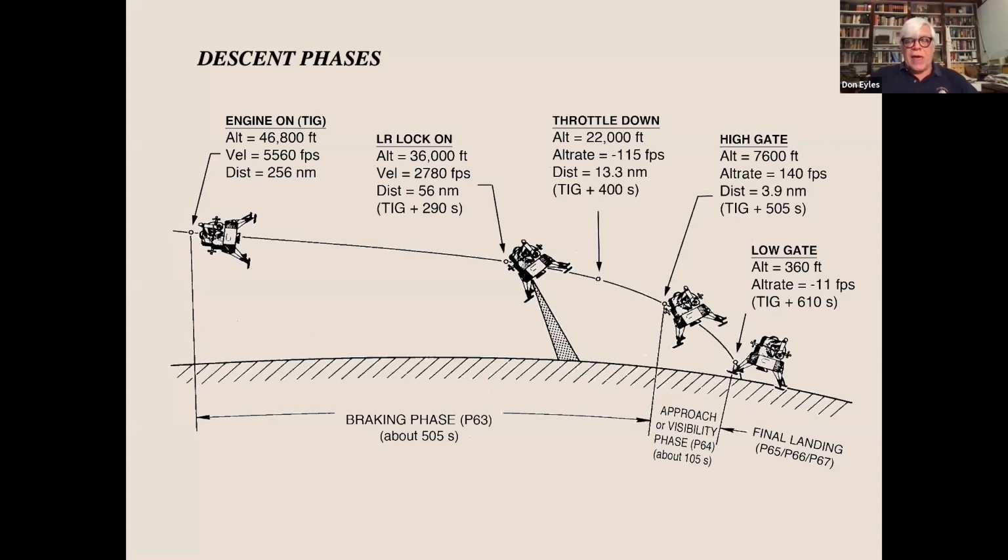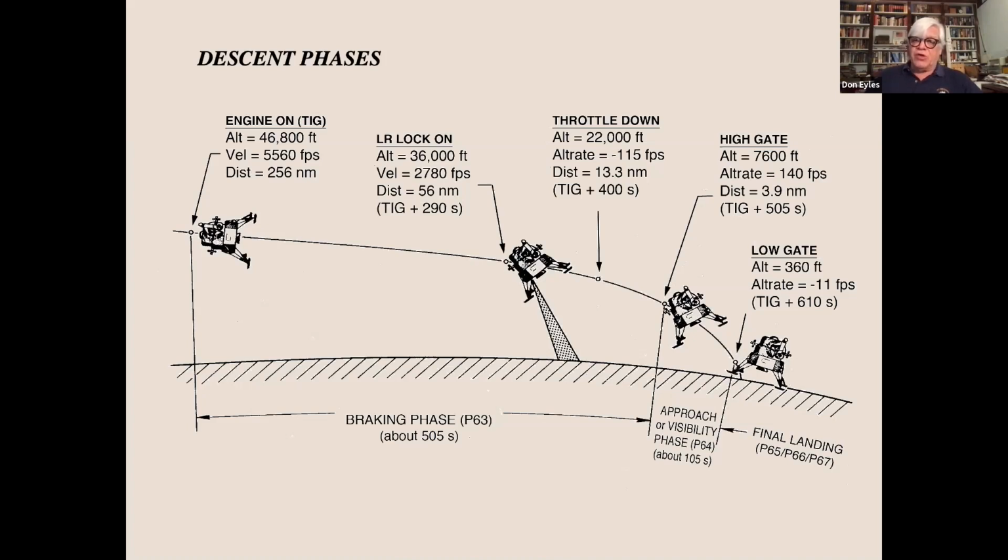Again, it started at that moment called PDI, which I think you've probably heard those initials in stage or screen, shall we say, at a velocity of about 5,600 feet per second, which is lunar orbital rate, and a distance of around 250 nautical miles from the intended site.